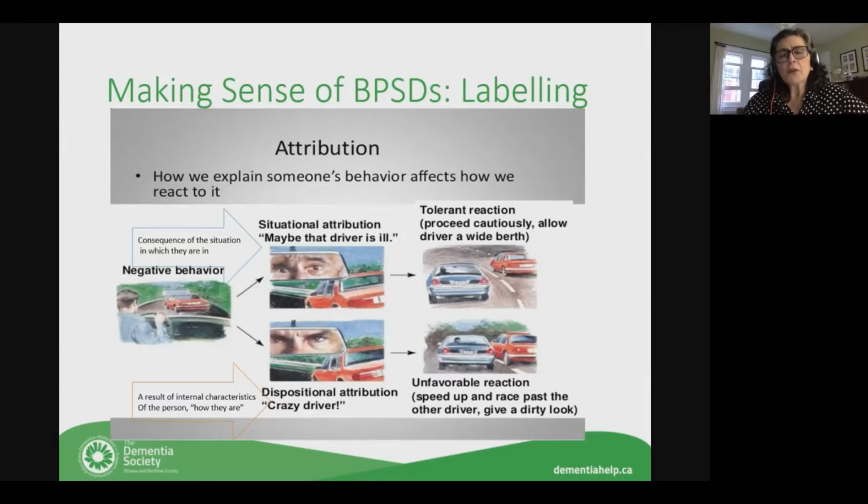So if I decide that I'm going to use dispositional attribution, if for example some behavior is difficult, I might say, oh, they're so uncooperative, they are so stubborn, they're being really difficult today, they're out of control, versus perhaps saying, something is going on right now that is creating this behavior. And I think what's really important is to figure out what the situation is contributing here.